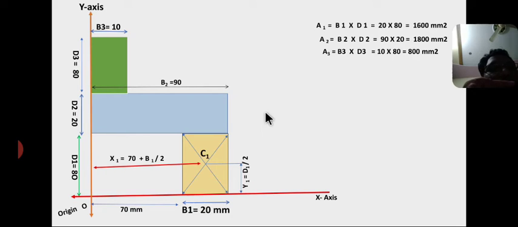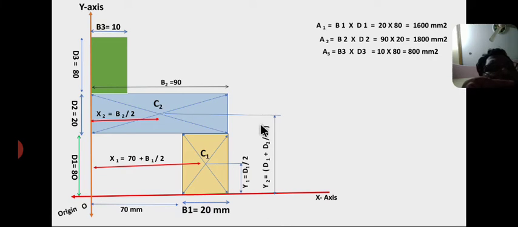In a similar way, C2 is the centroid of the second rectangle at a distance of x2 from the y-axis. x2 equal to base by 2 and y2 equal to d1 plus d2 by 2 from the x-axis, where for the second rectangle x2 equal to base by 2 because there is no gap, so x2 equal to half of the base only, so x2 equal to b2 by 2.